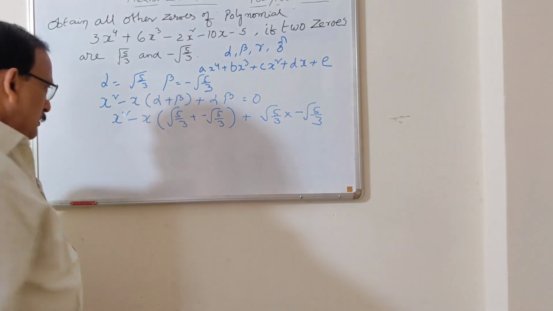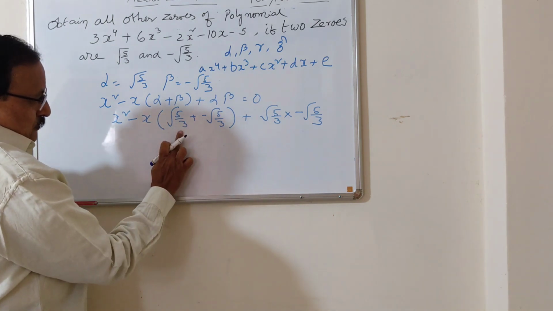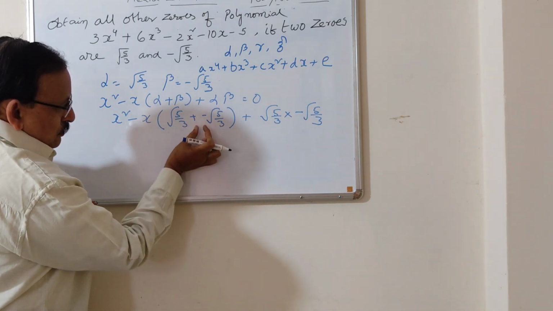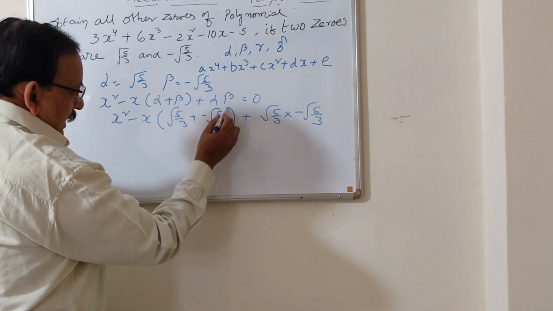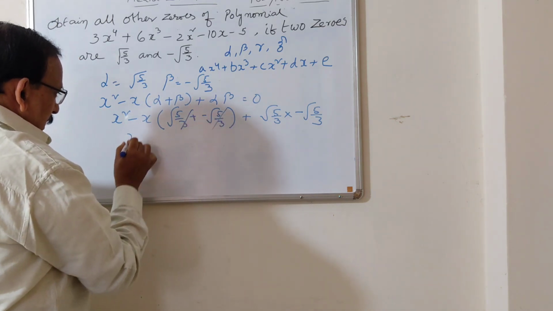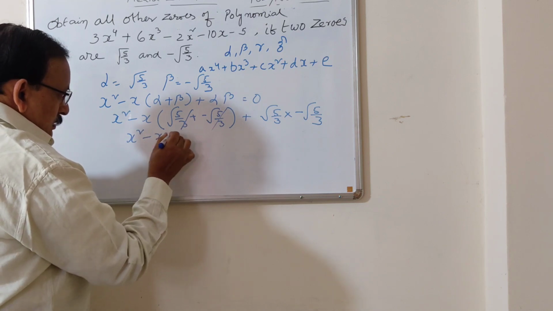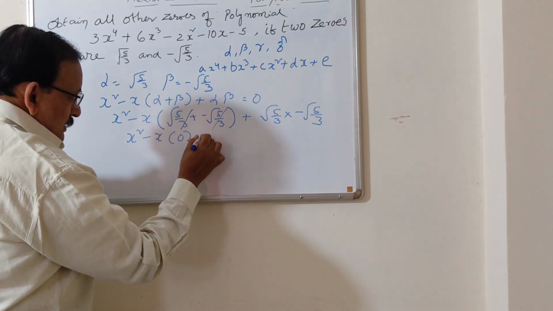Now, solving. Here plus root 5 by 3 and minus root 5 by 3 cancel, so x square minus x into 0 plus.